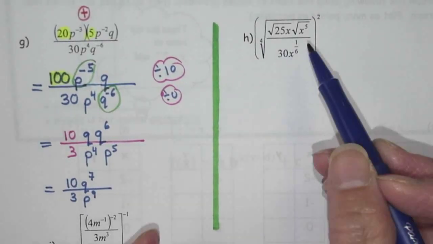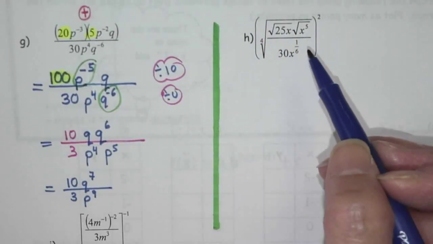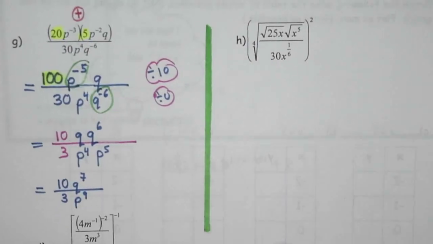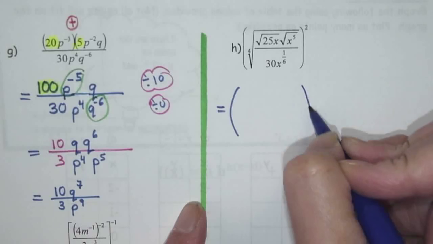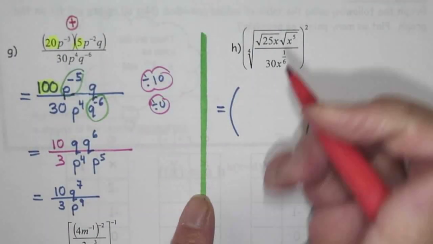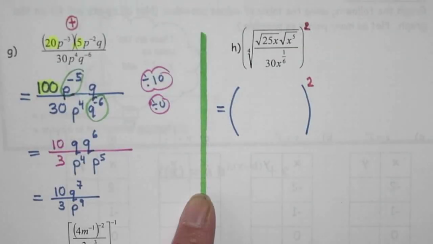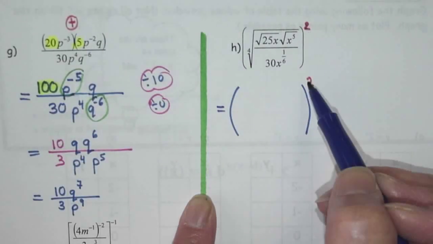So first thing I do is I don't like the radicals mixed up with fractions and stuff. I like to see the fraction so I can subtract better. So I'm going to switch all the radicals to fraction form. I'm going to leave this 2 out here like that. This 4th root, that 4th root, so leave that out here.